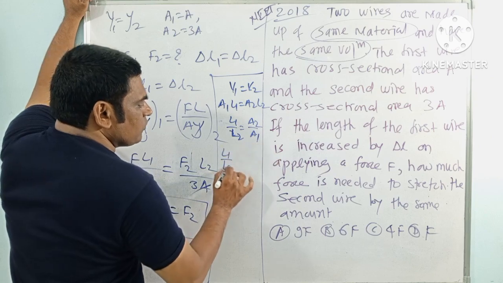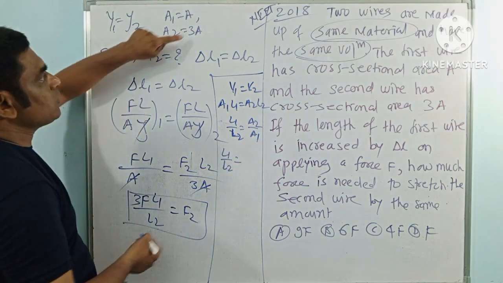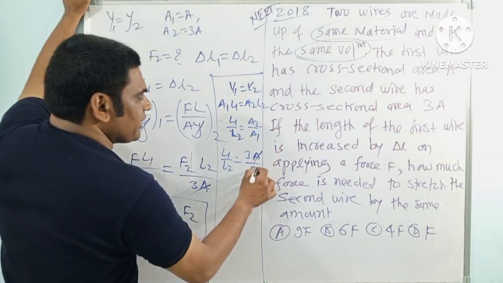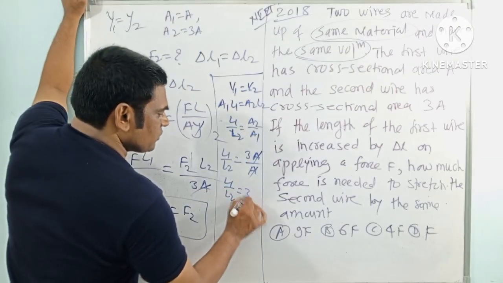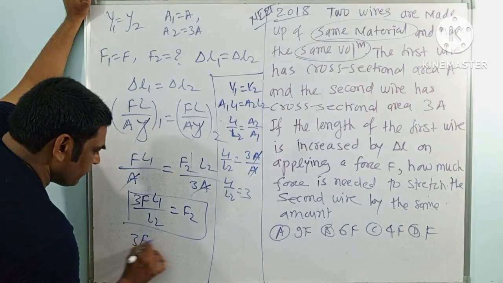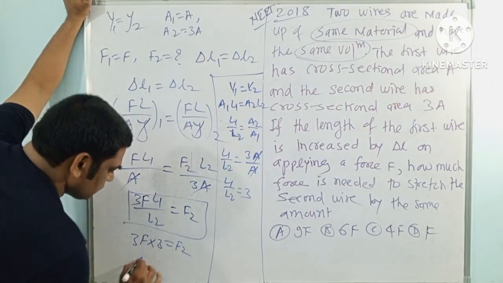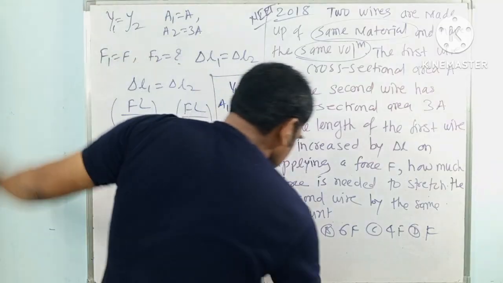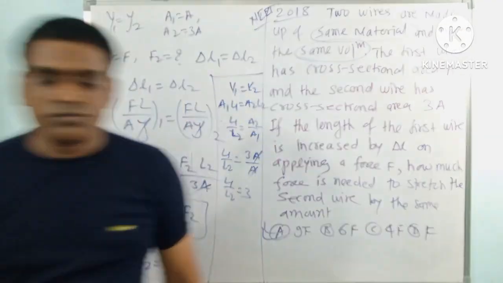A2 is 3A and A1 is A, so A gets cancelled. So L1 by L2 is equal to 3. You put it here. So 3F into 3 is equal to F2. So F2 is equal to 9F. So this is the answer. Got it?